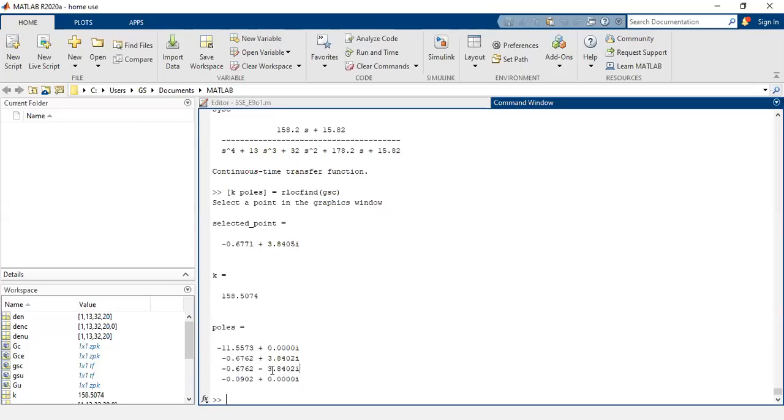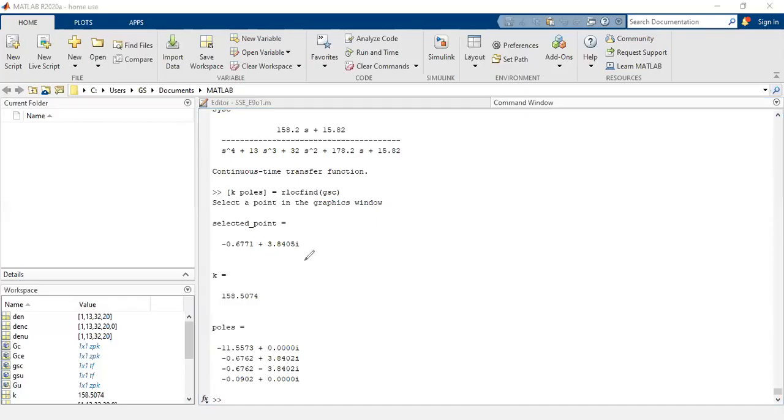There are 3 poles. Previously, in the last class, we used trial and error to figure out 11.61, somewhere there. Now it is slightly changed. It is now minus 11.55.